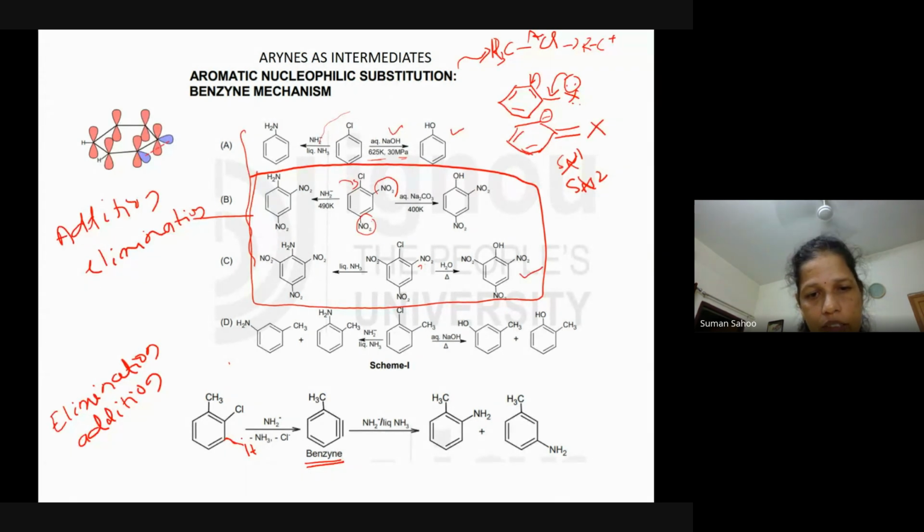This hydrogen alpha to the halogen is not very acidic, but we are using a very strong base to remove this proton, and first elimination occurs, forming a benzyne intermediate, which can now react at both sides, either on this side or on that side, resulting in the formation of two products. And these two products are almost of equal concentration.